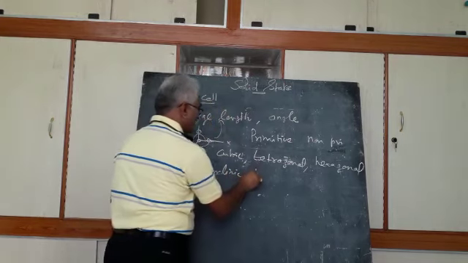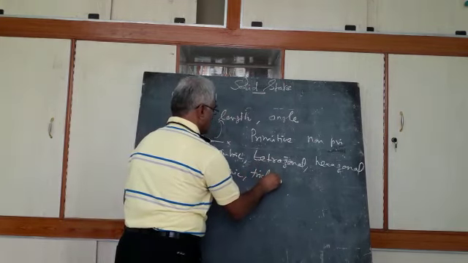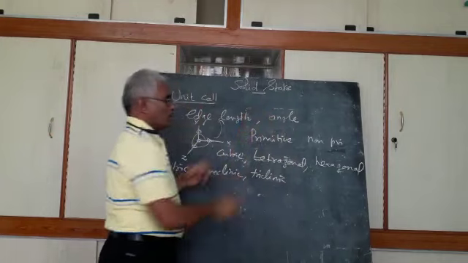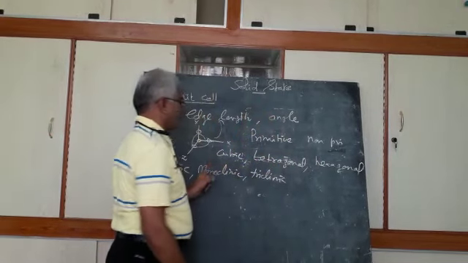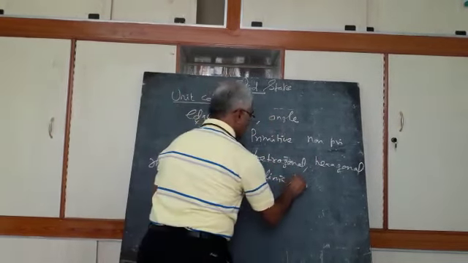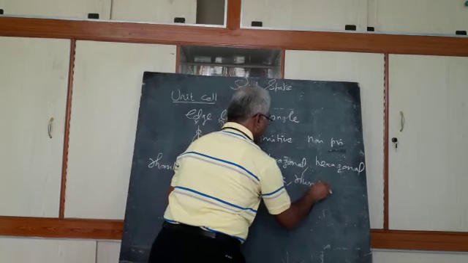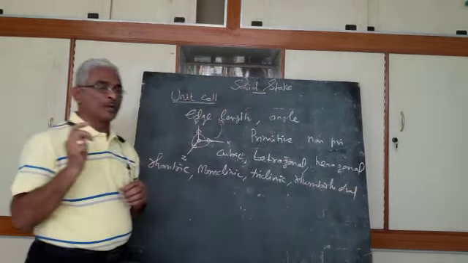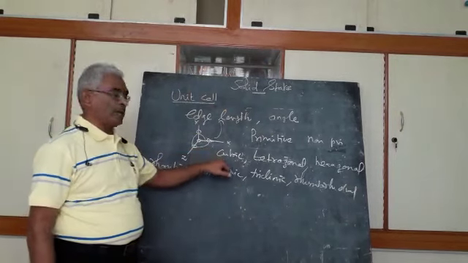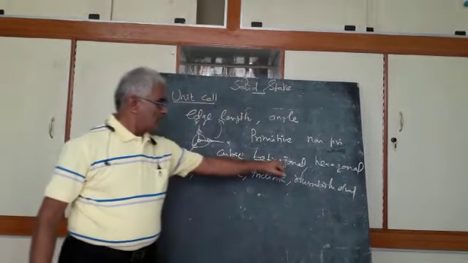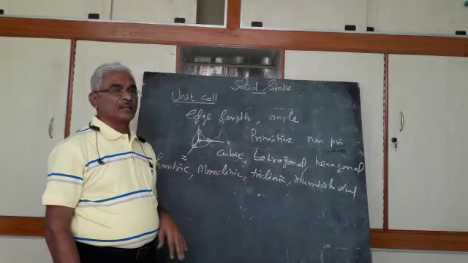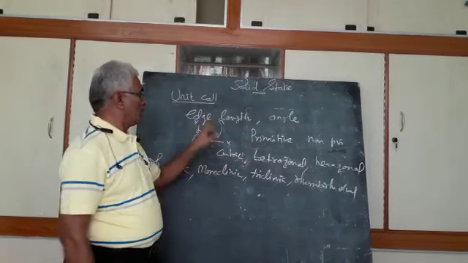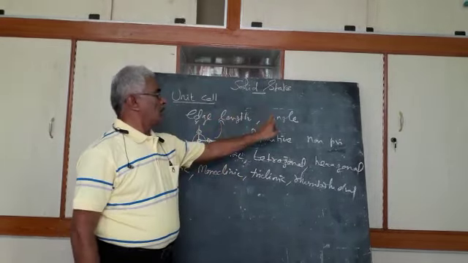And next is triclinic. 1, 2, 3, 4, 5, 6. The last is rhombohedral. But in our unit, we are going to concentrate only on the cubic. Anyway, these 7 primitive unit cells differ, remember, in the edge length and in the angle.